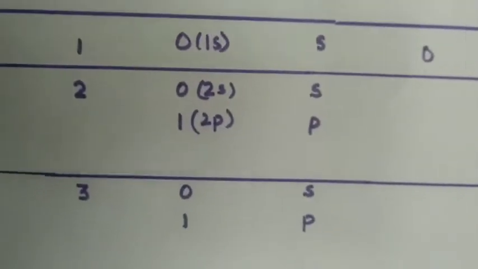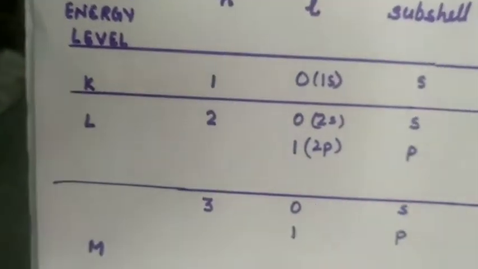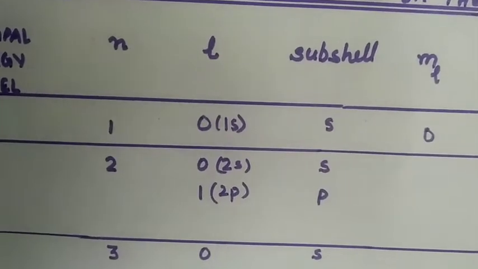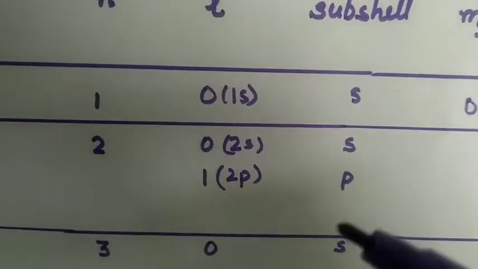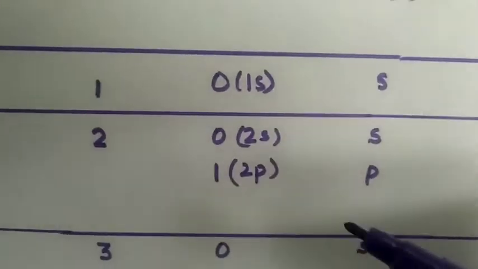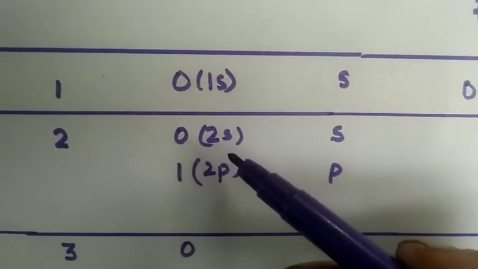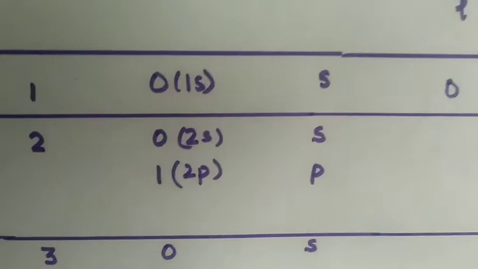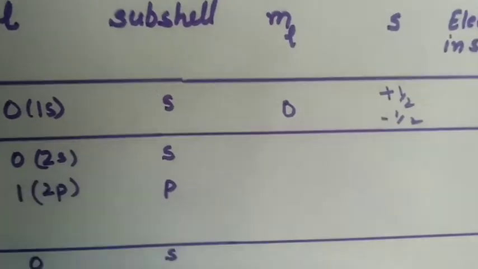Then we have the L energy level. For this, the value of n is 2. And for 2, the L values can be from 0 to n minus 1, so from 0 to 1. So one value is 0. This is the 2s subshell. And the other one, 1, is the 2p subshell. So names of subshells are S for 0 and P for 1.